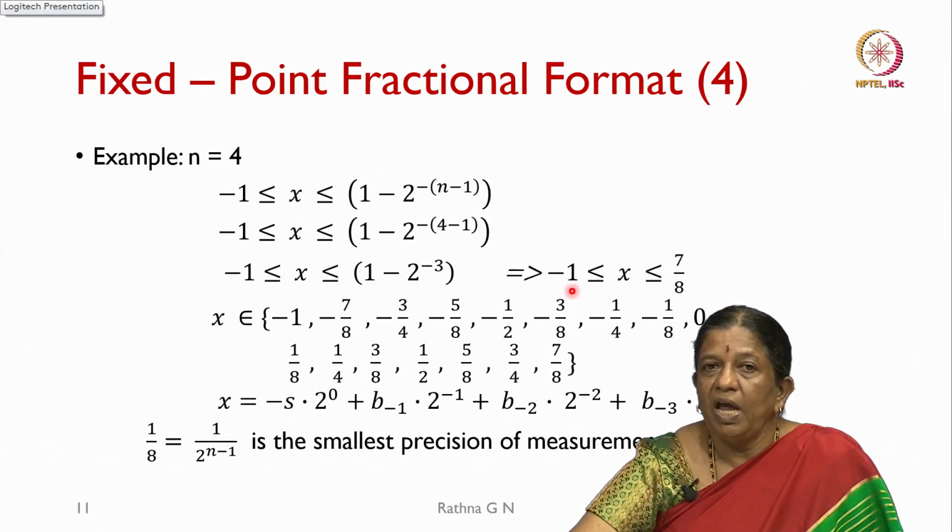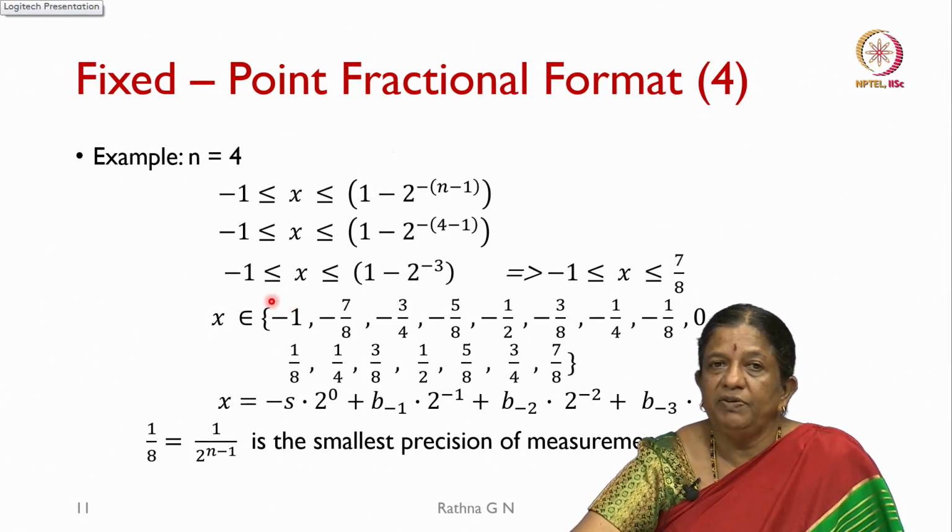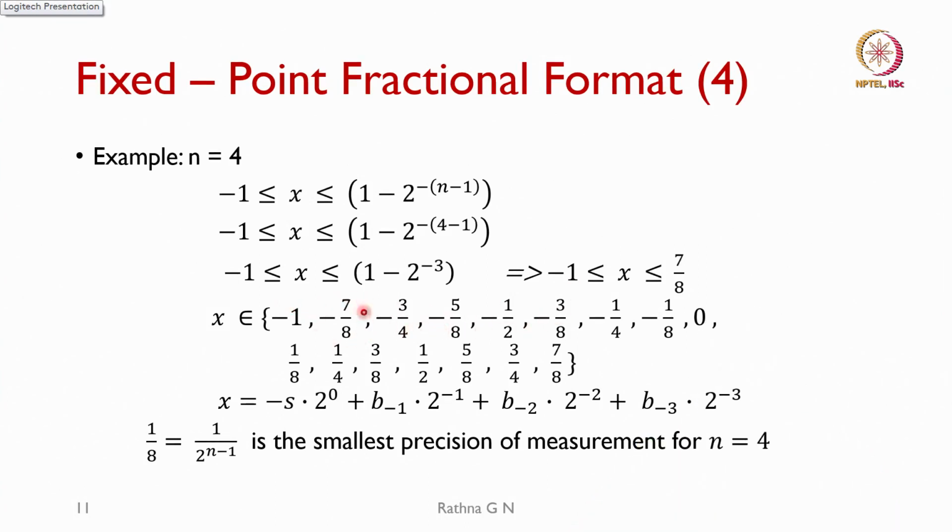That is what we have to represent. Then what are the x values? It will be taking values from minus 1 to plus 7 by 8. The smallest value will be minus 1, then next will be minus 7 by 8 and so on, minus 3 by 4 and then minus 5 by 8.